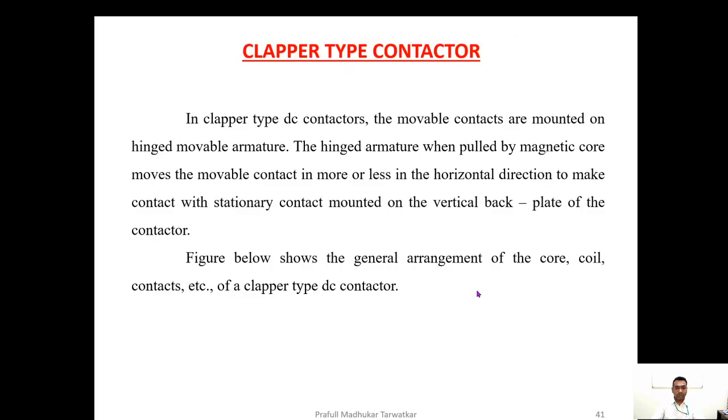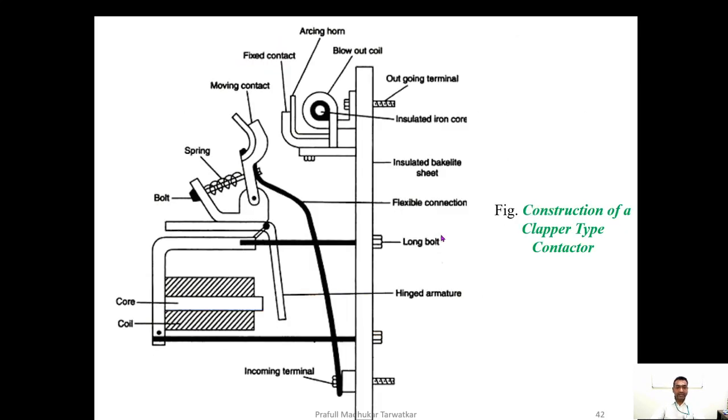Then the clapper type contactor. Now see here the clapper type contactor. Here we have a plunger or the contactor coil which has to be energized. This is the respective armature which will get pulled in when the coil gets energized, and due to spring action, when the coil is de-energized, it will come back to its initial position.